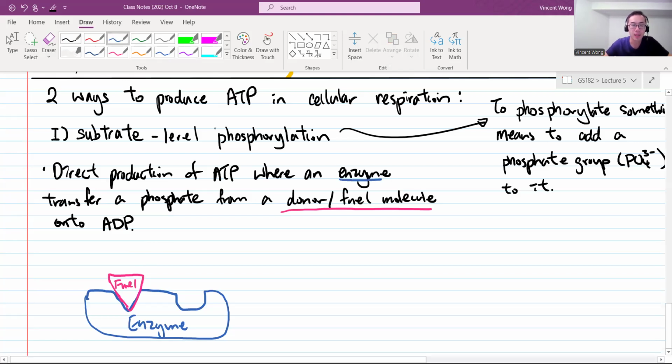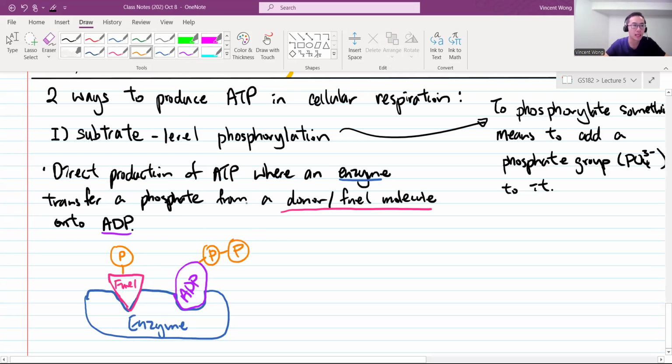There's the enzyme. So the fuel molecule has a phosphate that it doesn't mind giving away. And we have ADP right here. ADP is basically used up ATP. It's like a drained battery.